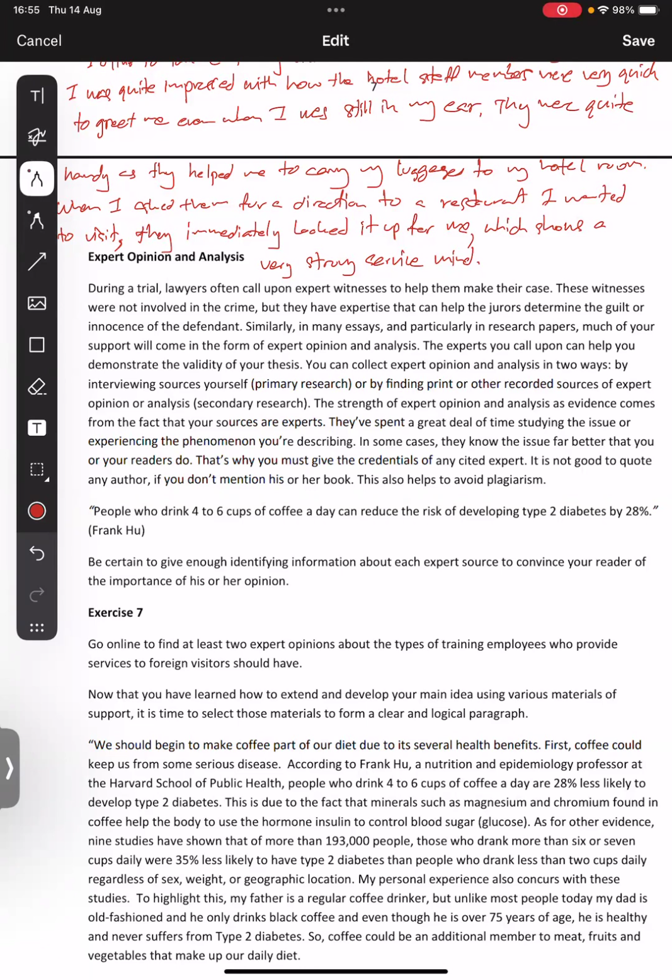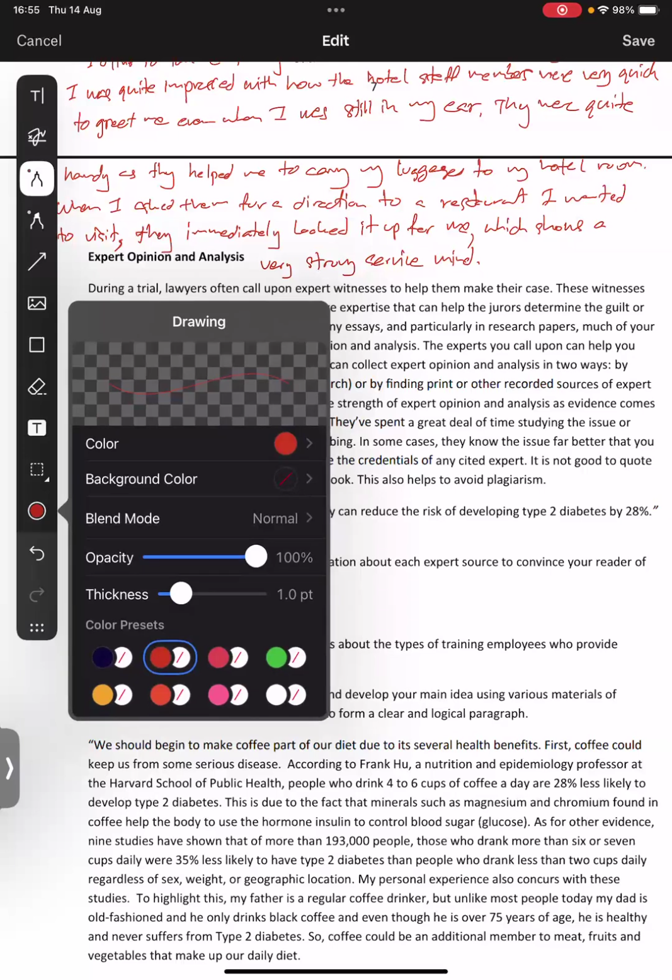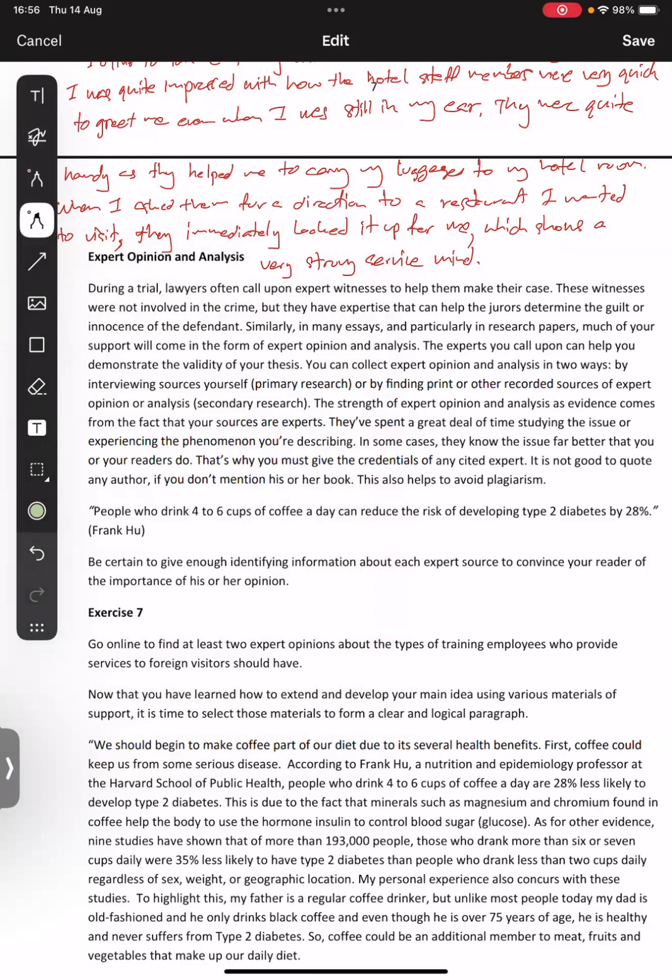Okay. Now, if you have a look at our example here, again, we're still focusing on coffee consumption. Let's say here is one sentence of information from expert opinion. People who drink 4 to 6 cups of coffee a day can reduce the risk of developing type 2 diabetes by 28%.